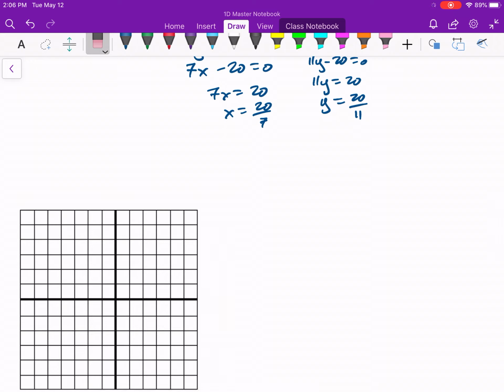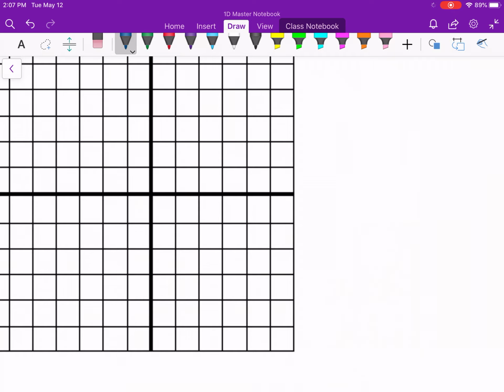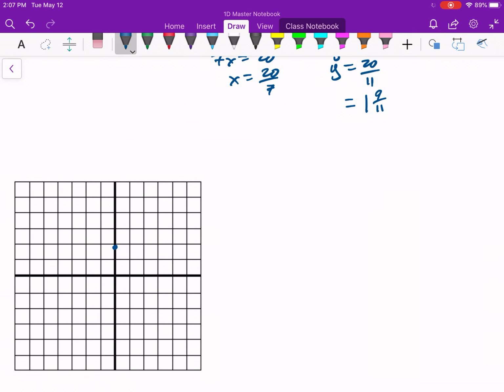Again, probably useful to think about it like a decimal, or at least a mixed fraction at the very least, 1 and 9/11, which is approximately equal to 1.9, right? So 1.9, I can put it about there. I don't need to be that precise. There's 1.9. And this is approximately equal to 2 and 6/7.